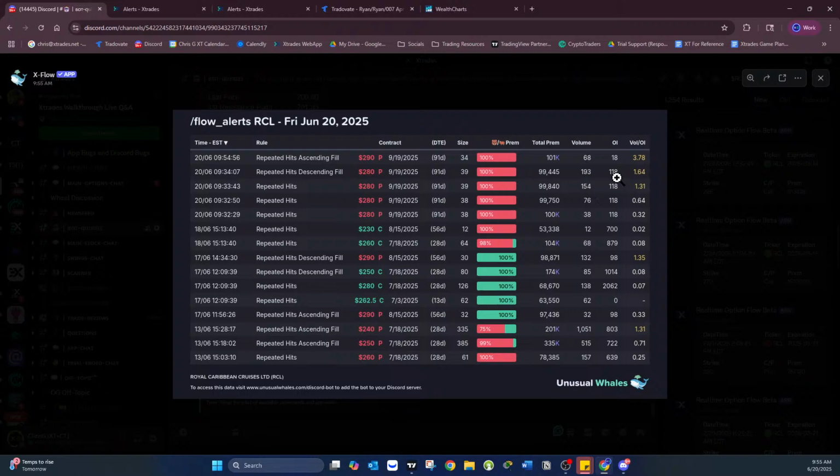Volume is above the open interest, so it's probably an institution or it could be an individual. And that's pretty deep in the money because right now RCL is around 270, so this is deep in the money, pretty expensive. But that is a 100% bearish trade. Okay, interesting. So this is a long-term swing to the downside.